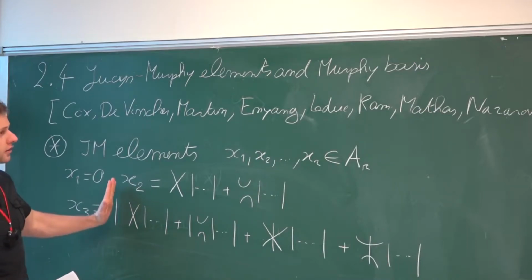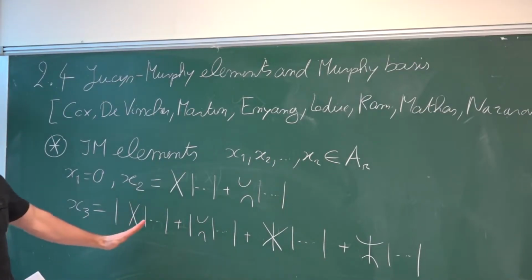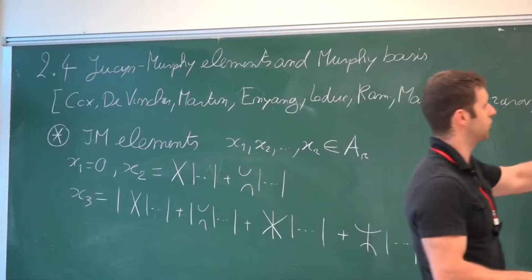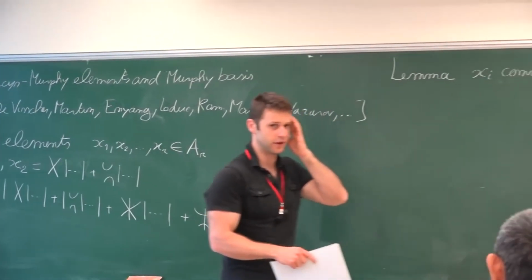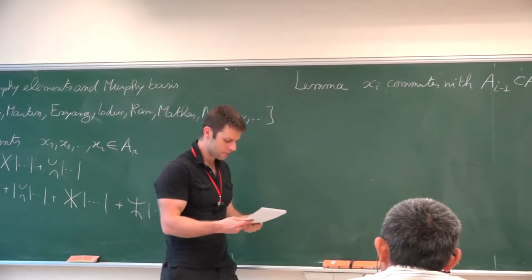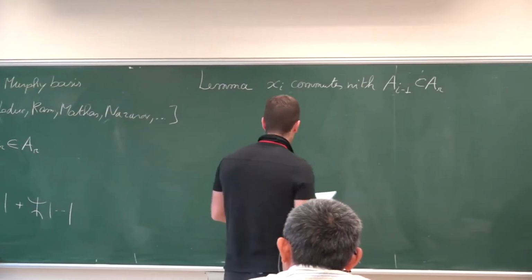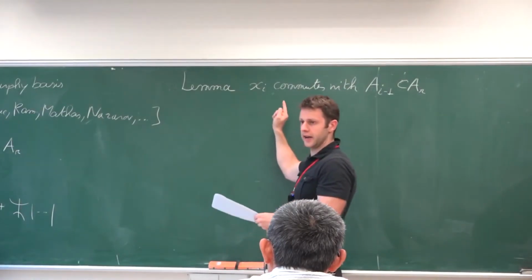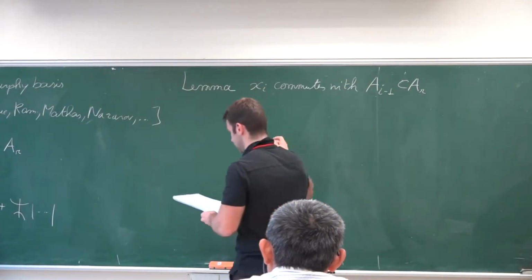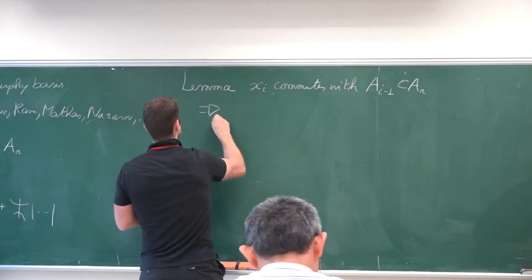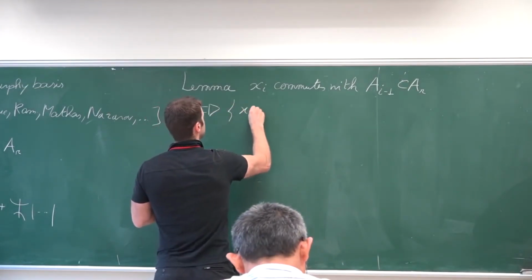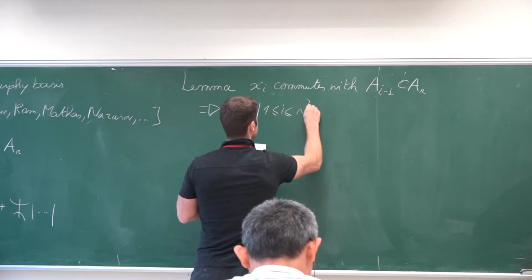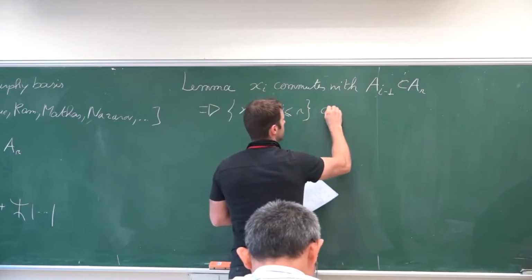So it's just concentrated in the first i-1 positions. So if you take that subalgebra, it commutes with the corresponding Jucys-Murphy element xi. And of course, xi itself is contained in Ai, which means that in particular all the Jucys-Murphy elements together generate an abelian subalgebra.